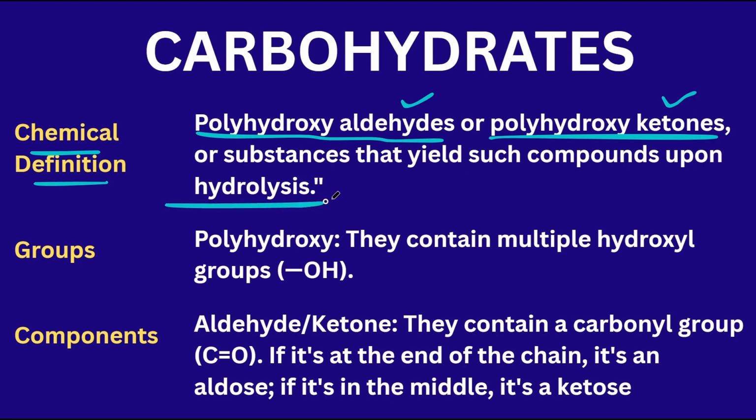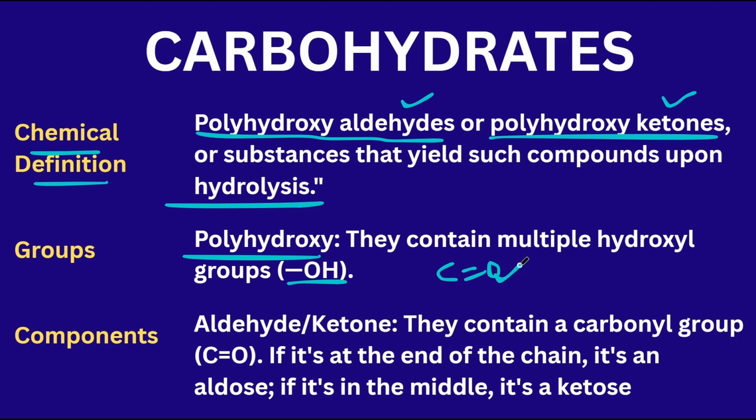During hydrolysis, during the breakdown, during the digestion of carbohydrates, these aldehydes, ketones and polyhydroxy compounds are yielded in our body. Polyhydroxy compound means the OH bond present in the structure. The aldehydes and ketones contain the carbonyl group. The carbonyl group means C double bond O.